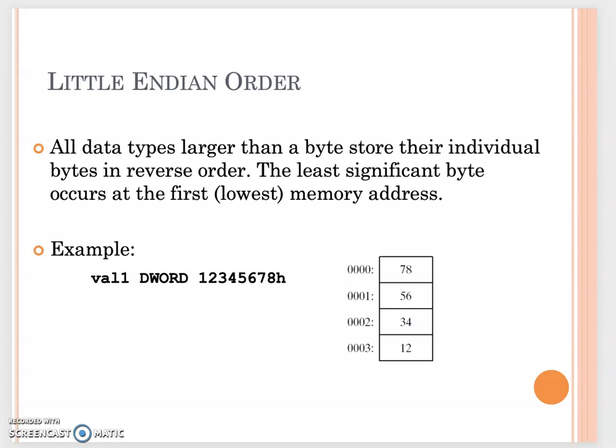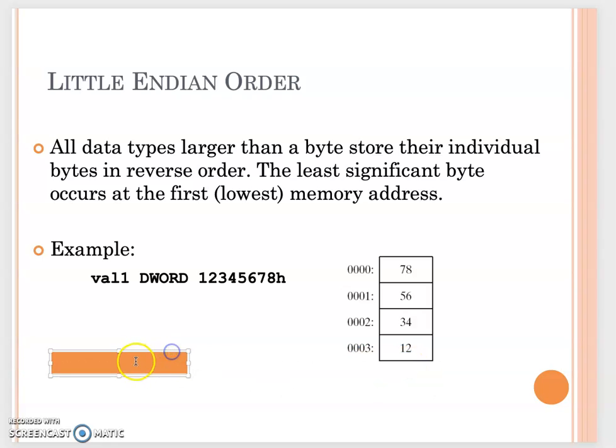So in assembly language, you want to talk about little endian. Even if we define val1 as DWORD 12345678h, before, I showed you it like just one whole element, one piece.